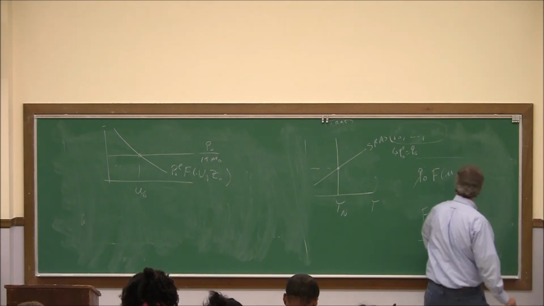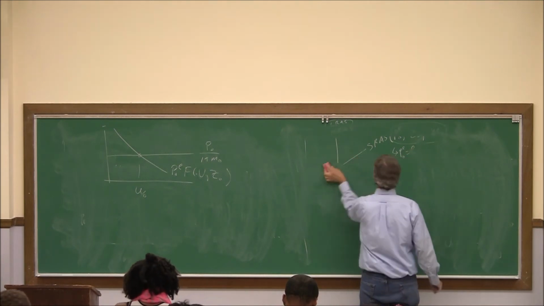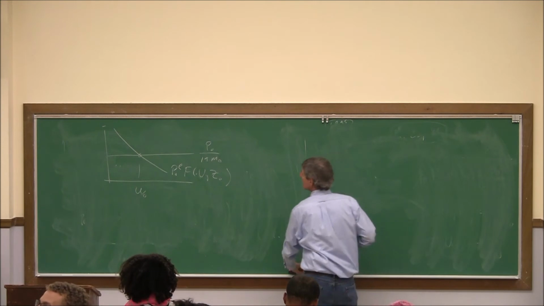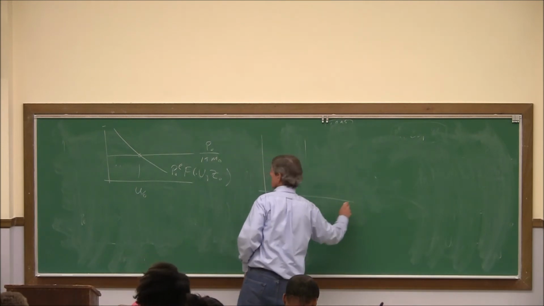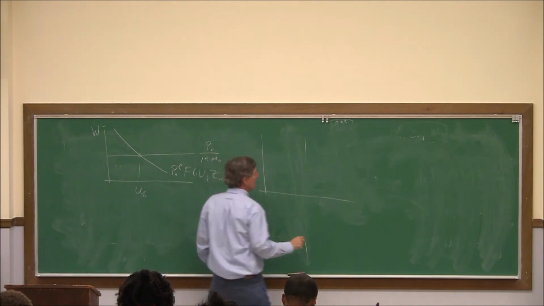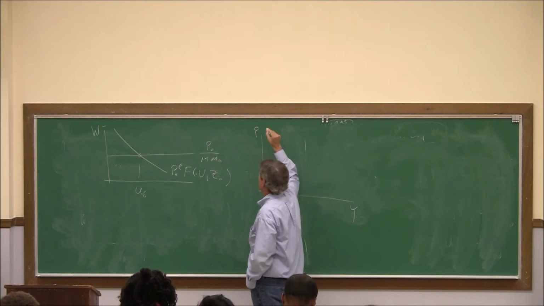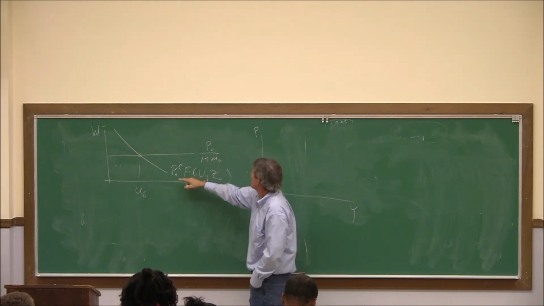When you're looking at how a curve shifts, you've already derived it, so just write it down. This axis is wage, by the way. We want to know how the curve shifts.